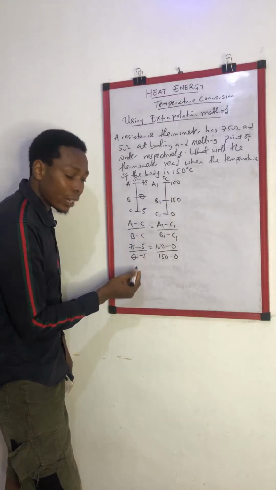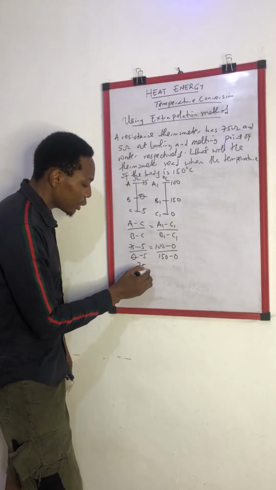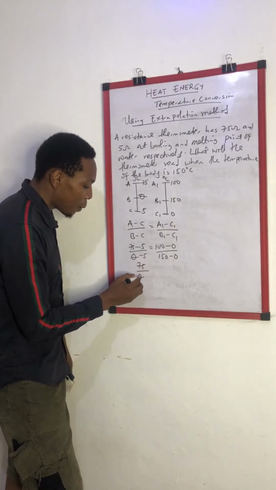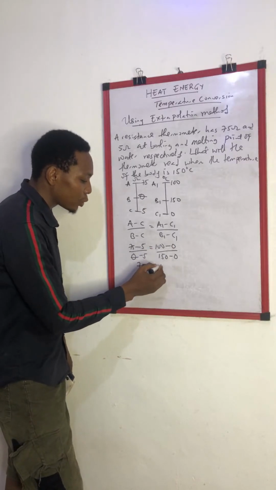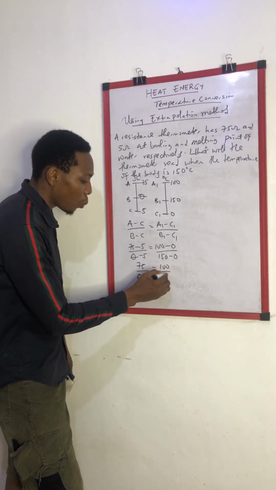So 75 minus 5 gives us 70 over theta minus 5, equals 100 minus 0, which is 100, over 150.